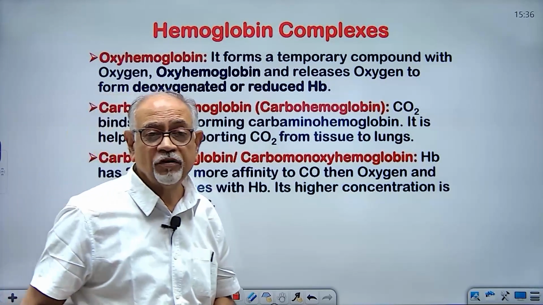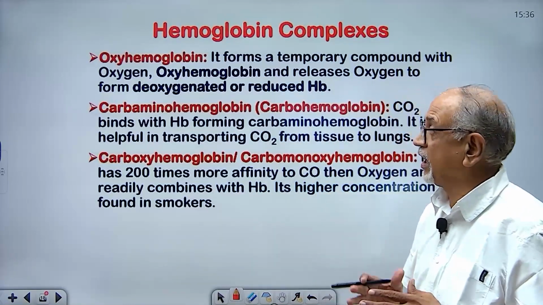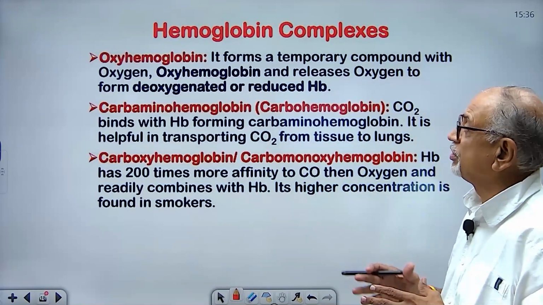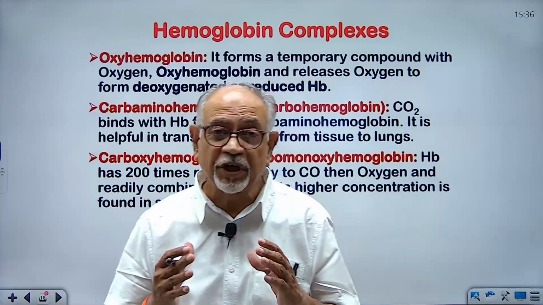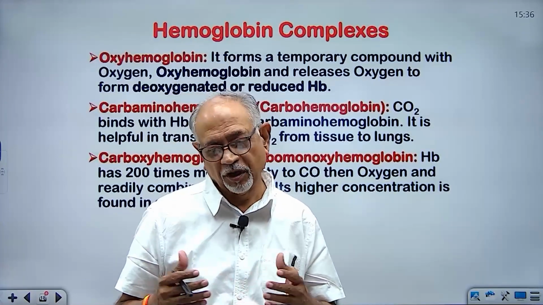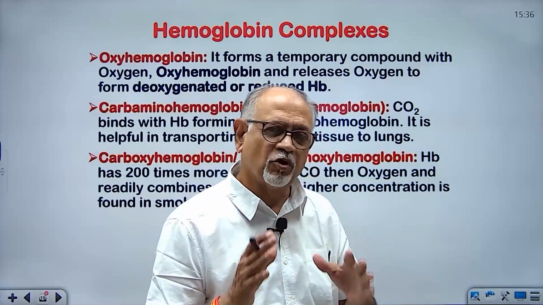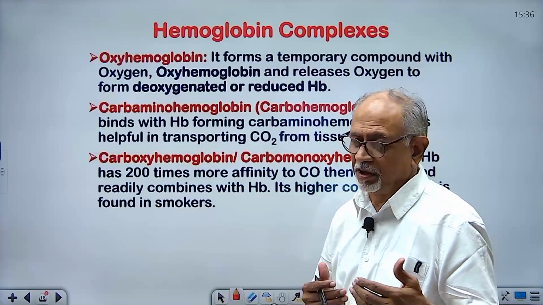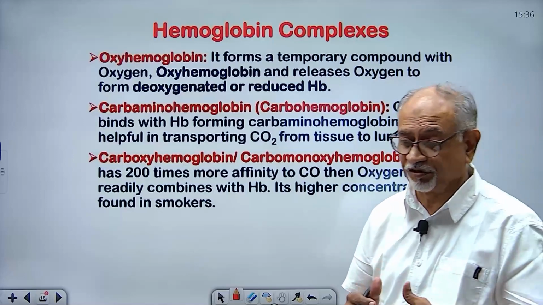Now, hemoglobin forms certain complexes with gases. As we have just discussed, oxyhemoglobin is a temporary complex made with oxygen. Each hemoglobin molecule makes a complex with 4 molecules of oxygen.